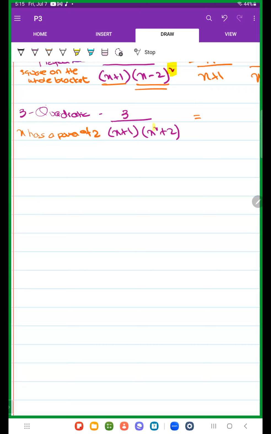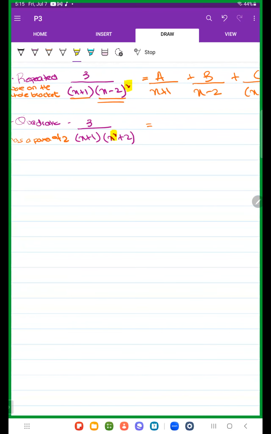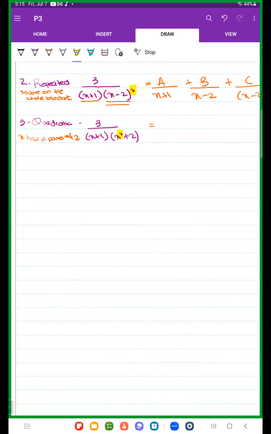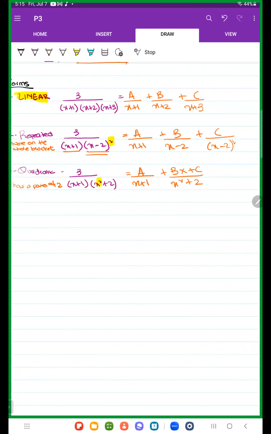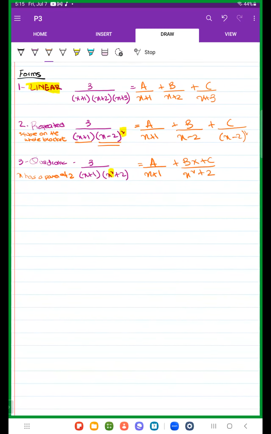Can you see this? This is what a quadratic form looks like. So how do you open a quadratic form? You do a upon x plus 1 for the linear bracket. Then for the quadratic bracket, you do bx plus c upon x square plus 2. Whatever I'm opening depends on the brackets they've given me below.